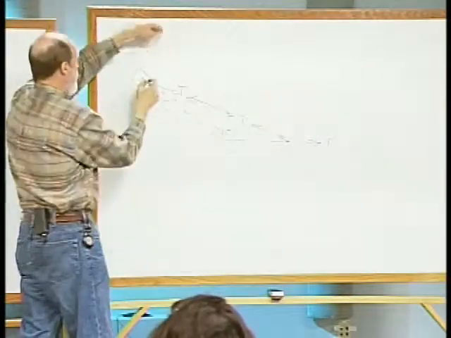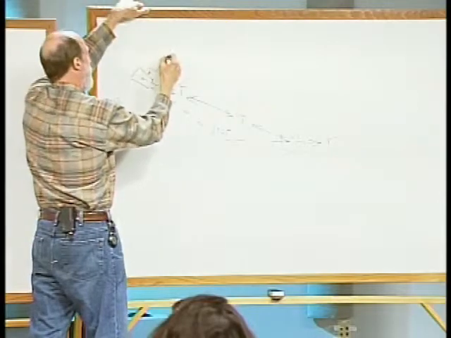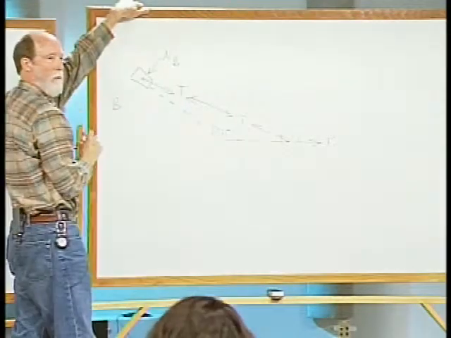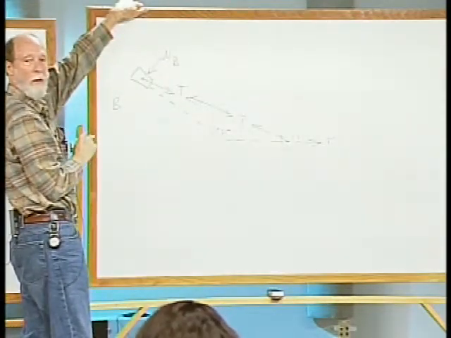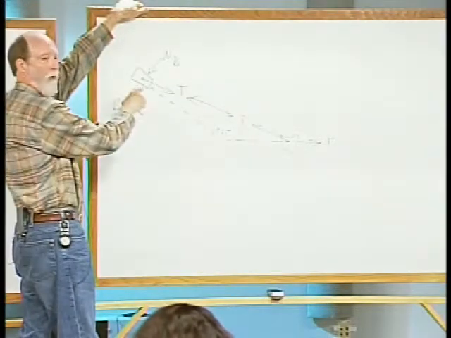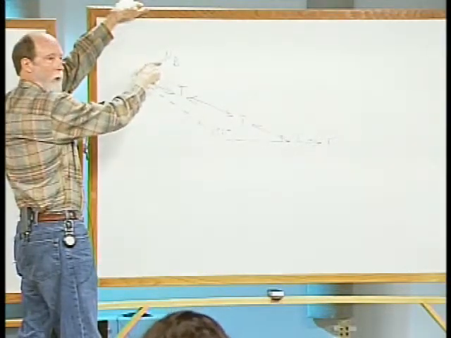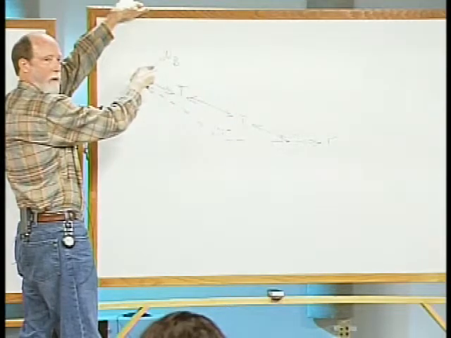That means there has to be a normal force exerted by the sidewall. If there was friction in this problem, that normal force would be what creates that friction effect.